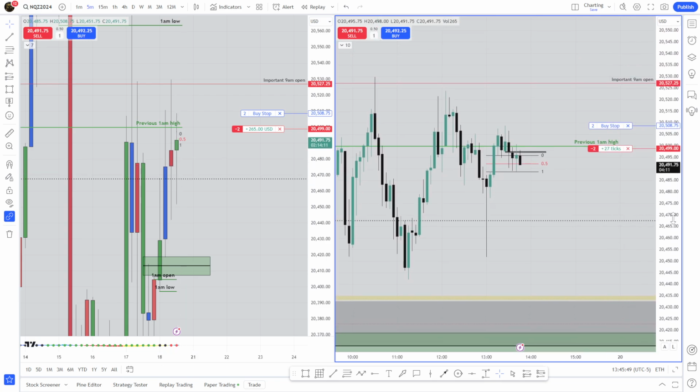I'd like to see something happen soon. Again, there's a lot of time left in this candle. This is the part where it can just become boring because it's high resistance.